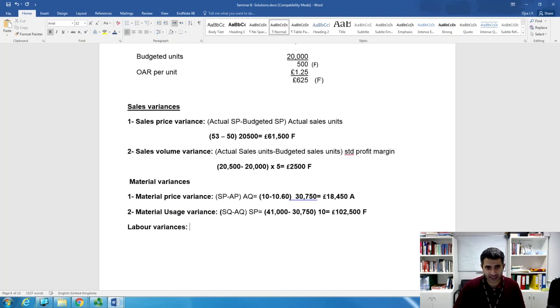Right, so for labor variances, you need to look at two formulas.